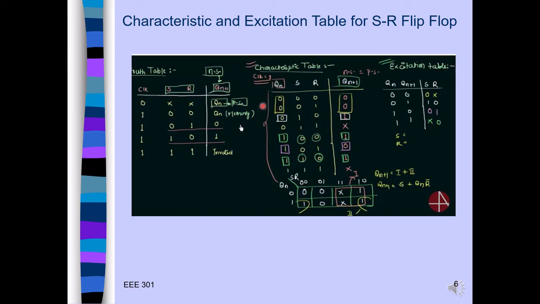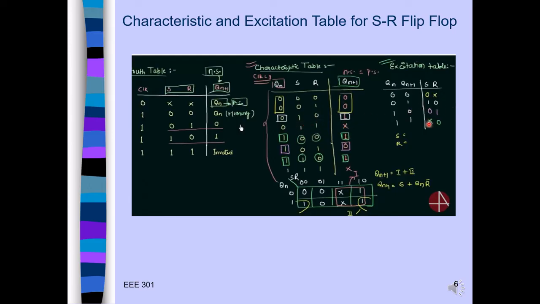For Qn 0 and Qn plus 1 0, our S is 0 always, but our R is changing 0 to 1, so we can write S equals 0 and R equals don't care, that means it can be 0 or 1. Next, 0 1: when Qn is 0 and Qn plus 1 is 1, S becomes 1 and R becomes 0.